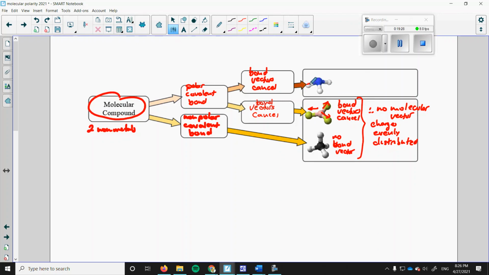Here are my bond vectors. Oh, they should be going the opposite way. They're going upwards, so the bond vectors are all going towards nitrogen. As a result, you're going to have an overall molecular vector in this direction. So the molecule is going to be negative at one end and positive at the other. Here, the bond vectors do not cancel.